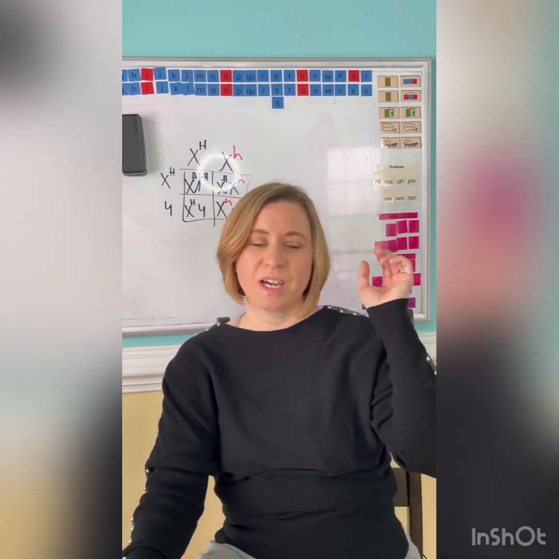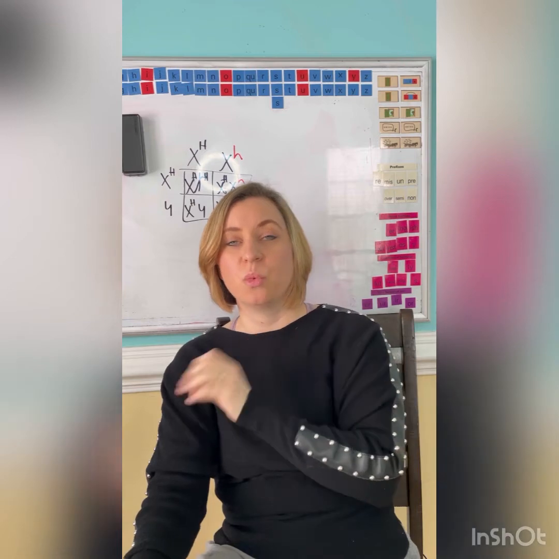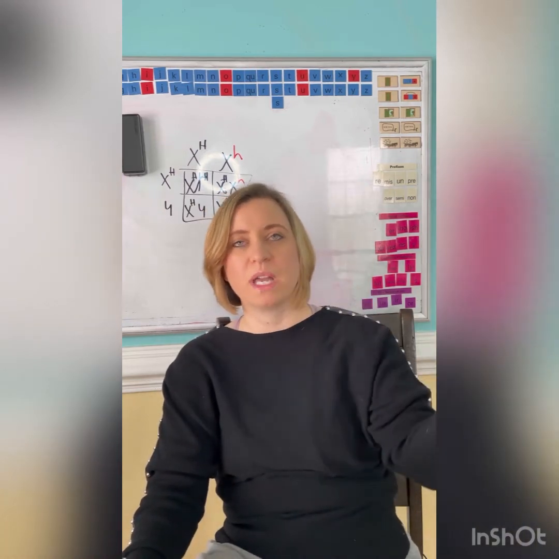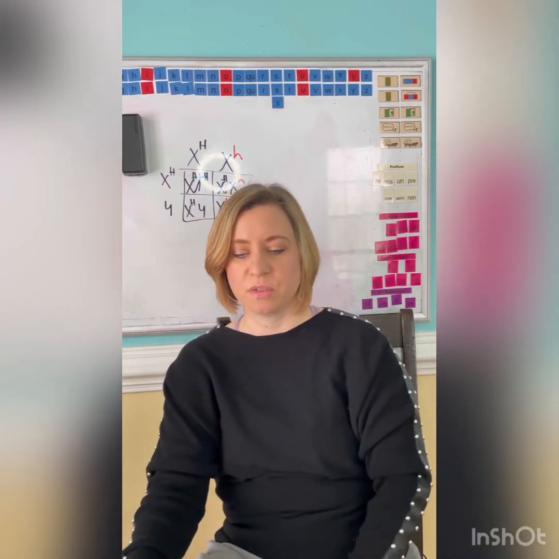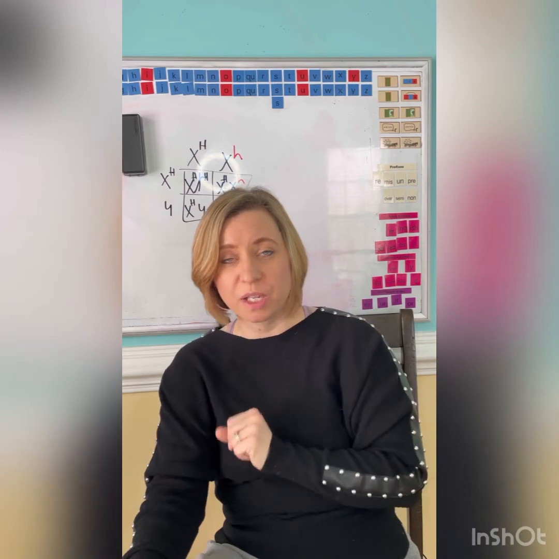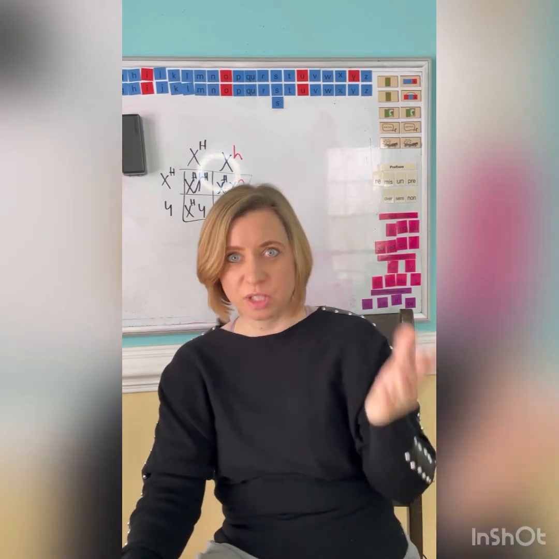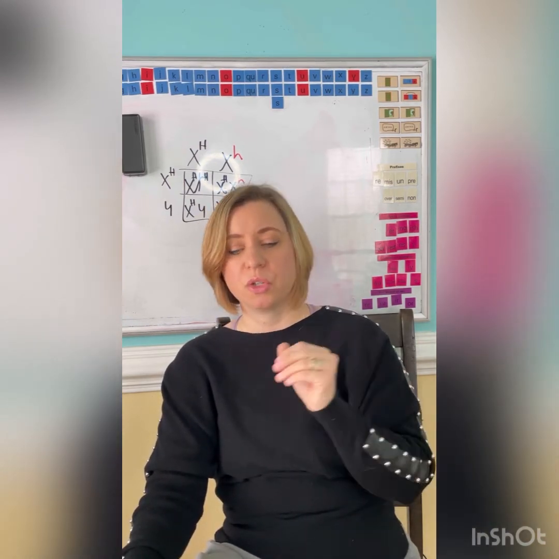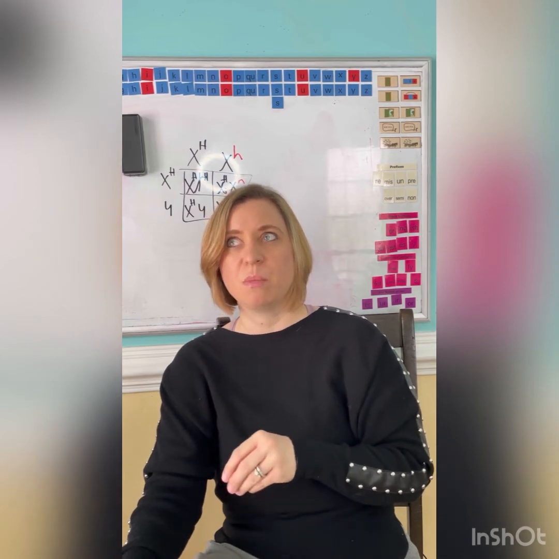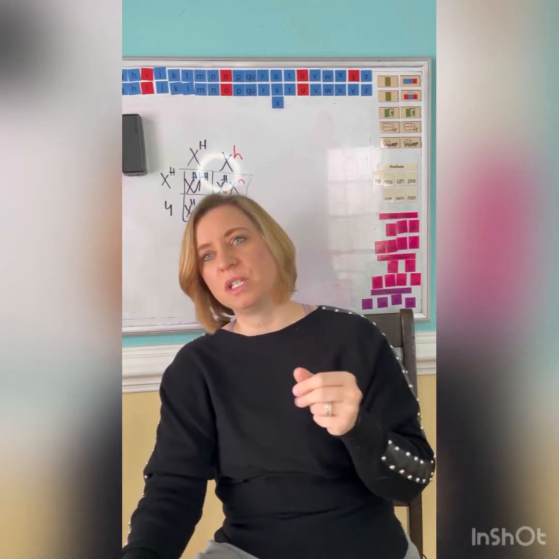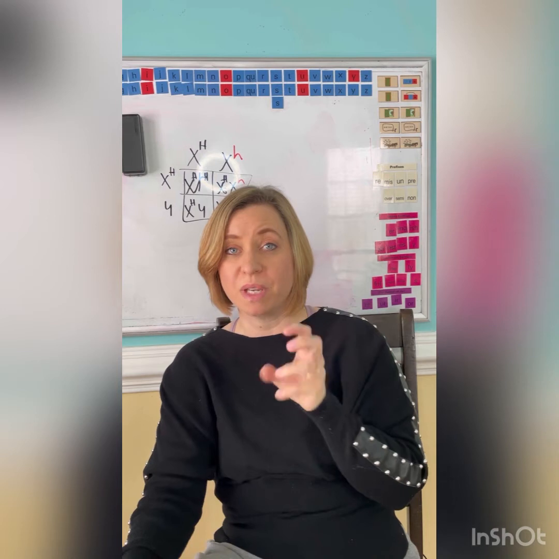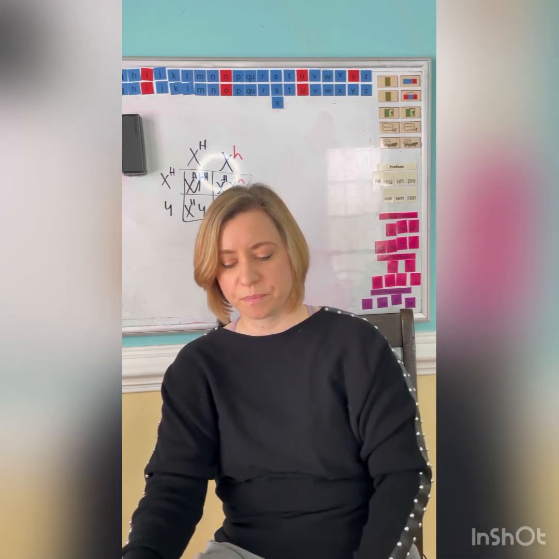So if you have a flower that has a red allele and a white allele, where red is dominant and white is recessive, when you have a heterozygous condition, with red and white alleles, it actually shows up as pink. So that's what we call incomplete dominance, meaning that there might be a dominant gene, but when they're together, they actually have a mixing of the two traits.